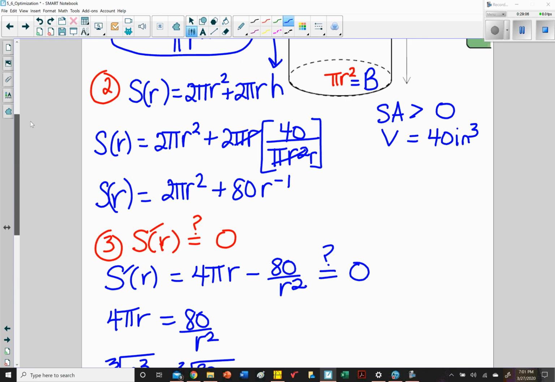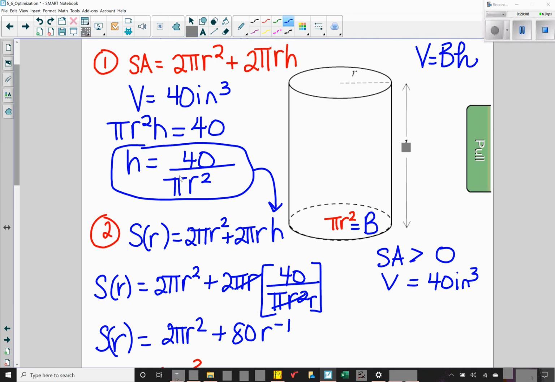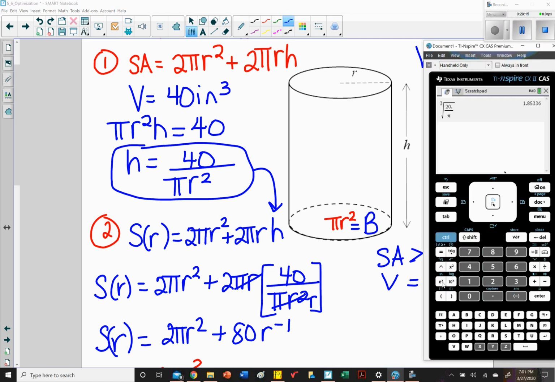You have to go back and substitute for height in here. So we want 40 over pi r squared. Now, the calculator is going to turn it to a decimal. So 40 divided by pi, and the radius was 1.85336.